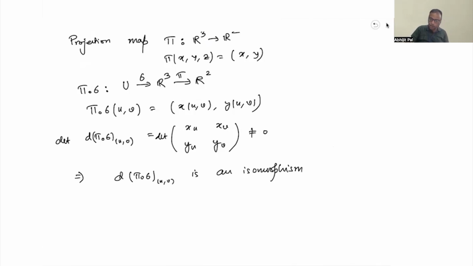Okay, so now we can apply the inverse function theorem on this map pi compose sigma.